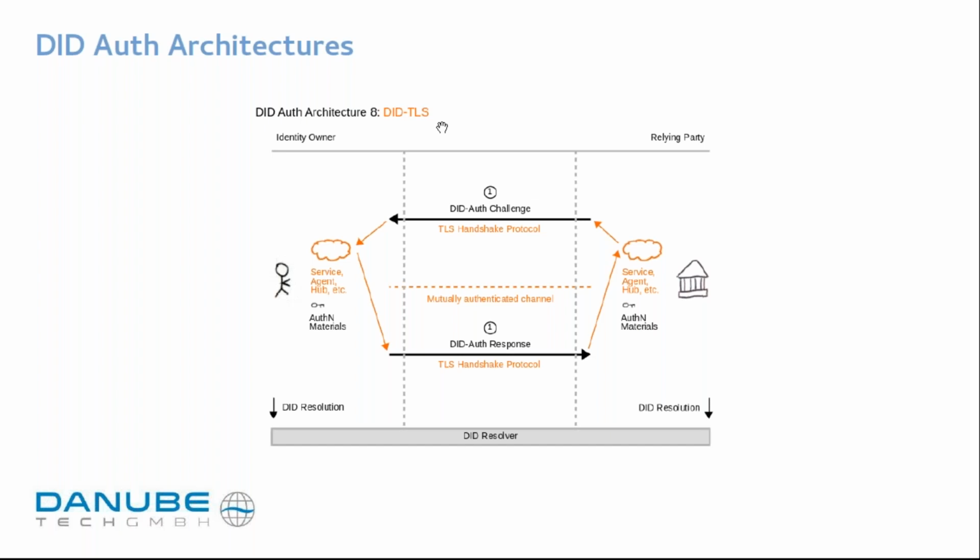So we can use the same mechanism, the same certificate model, the same handshake protocol, but based on private key cryptographic material associated with a DID, and now suddenly we can have a trusted, encrypted, and authenticated channel between services.